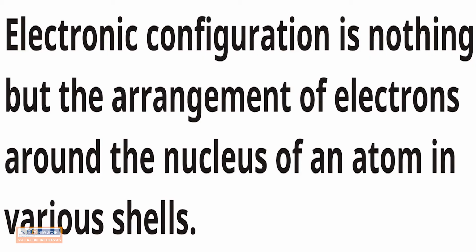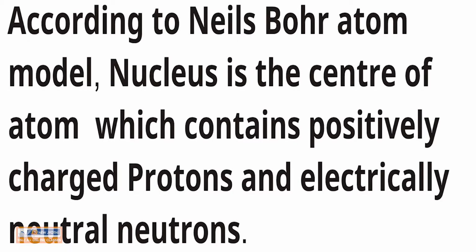Now, what is meant by electronic configuration? It is nothing but the arrangement of electrons around the nucleus of an atom in various shells. According to the Niels Bohr atom model, the nucleus is the center of the atom, which contains positively charged protons and electrically neutral neutrons. In the case of hydrogen, there is no neutron, as you know.